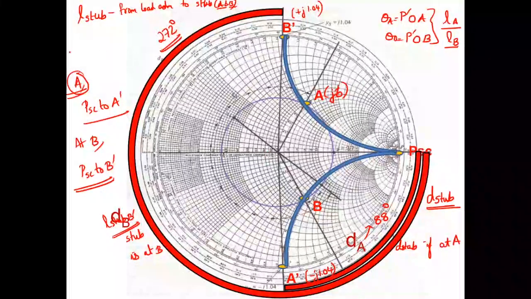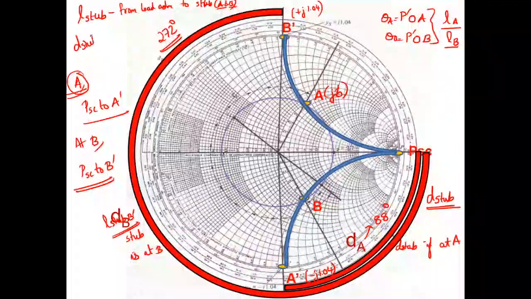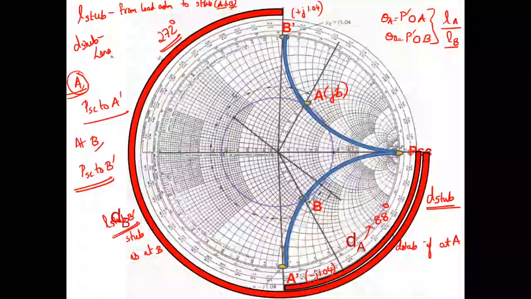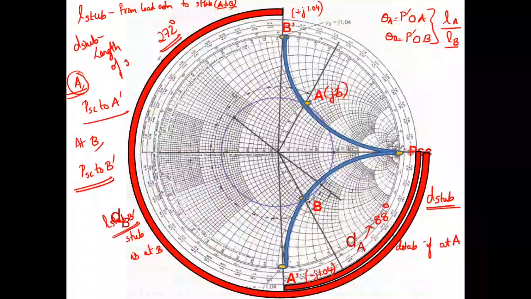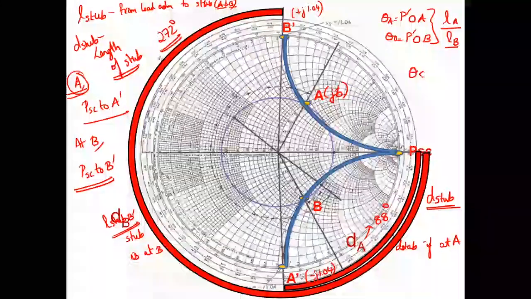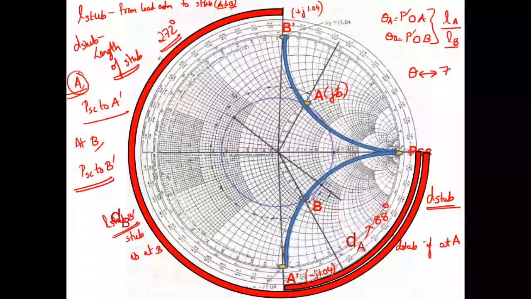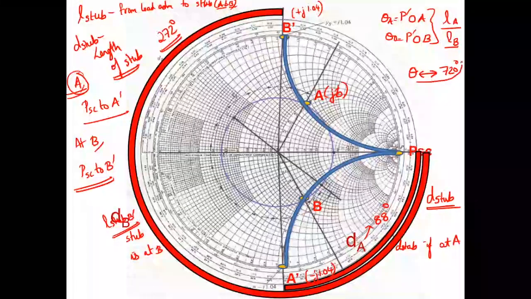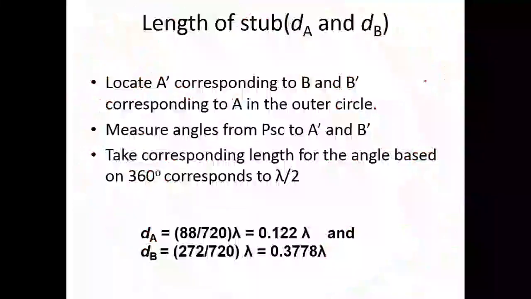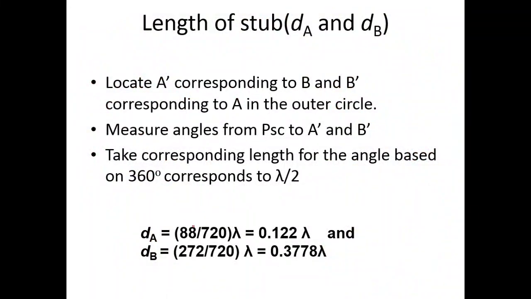D stub corresponds to the length of the stub. In all these cases, you get only angles from the Smith chart. From the angle, the corresponding distance or length is calculated by the relation that 720 degree corresponds to lambda. So you can check this. Here in the first case you got 88 degree.